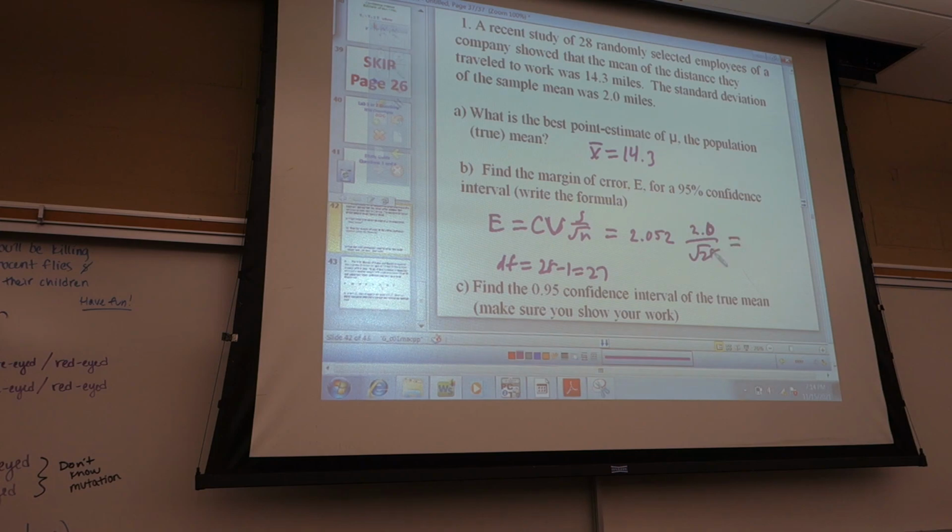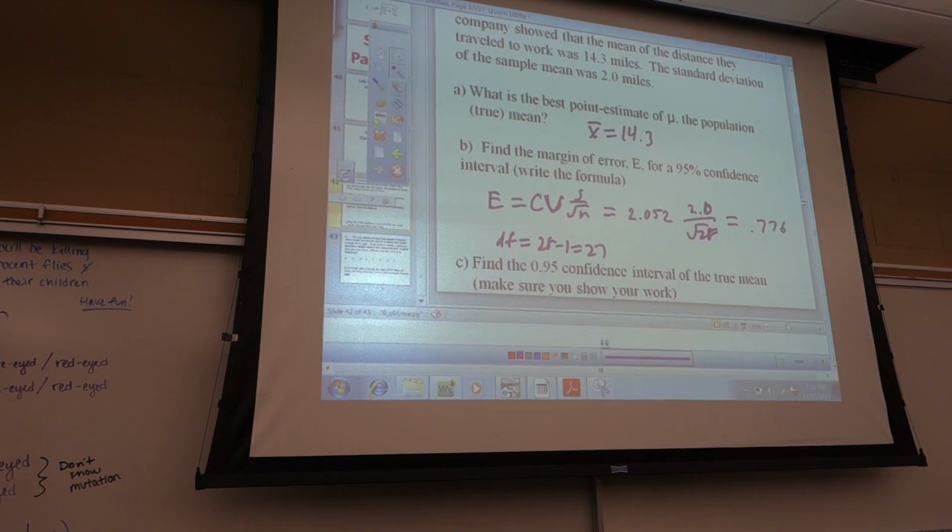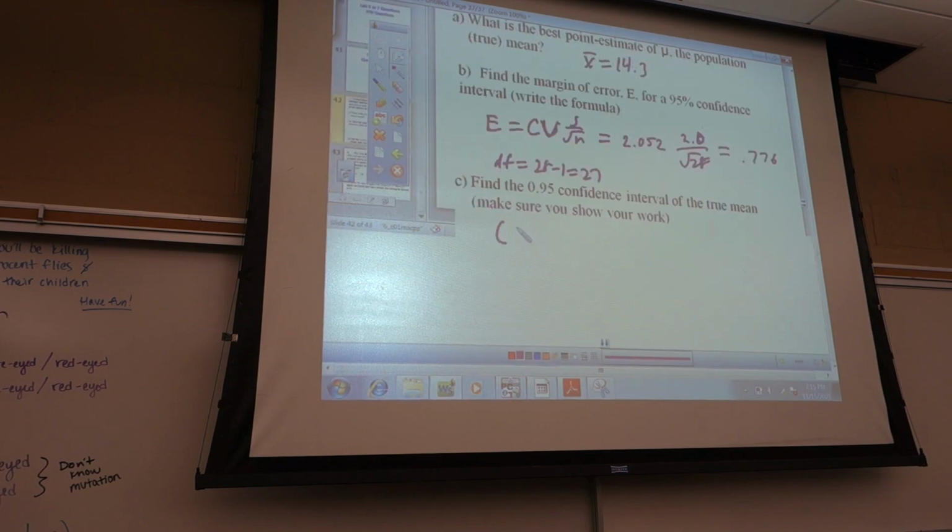And what did you folks get for your error? 0.776. Great. And then that means that your x bar minus your E, and your x bar plus your E, is going to be 14.3 minus 0.776 and 14.3 plus 0.776. That seems really small. We'll go with that.